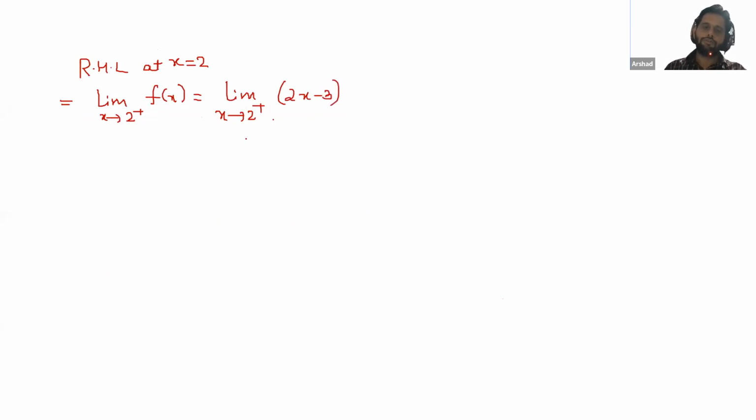For RHL, you already know that we have to put x is equal to 2 plus h. So what will we get here? In the bracket, always write h tends to 0, when x tends to 2 plus, h tends to 0.